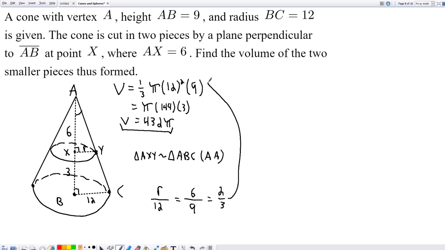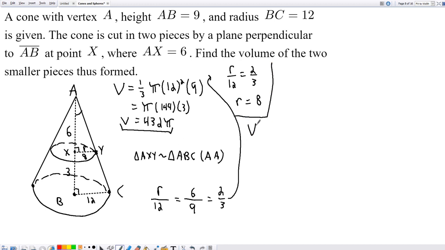So r over 12 equals 2 over 3, and if we multiply 12 on both sides, 12 divided by 3 is 4, times 2 is 8. So this radius XY must be 8, which means now we can find the volume of the smaller cone.